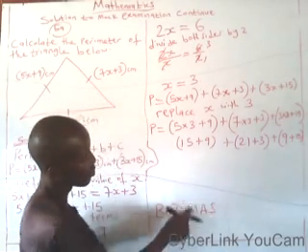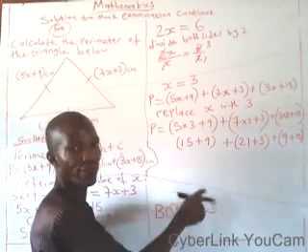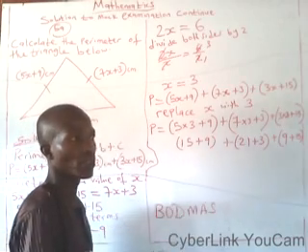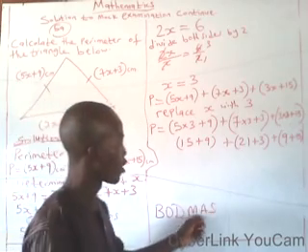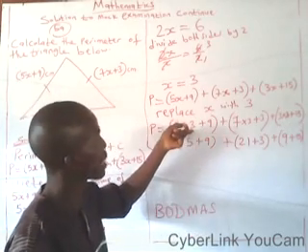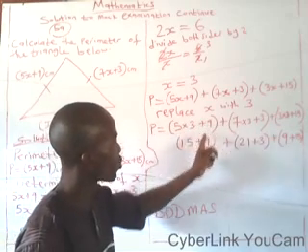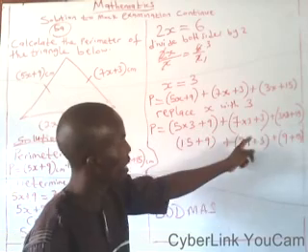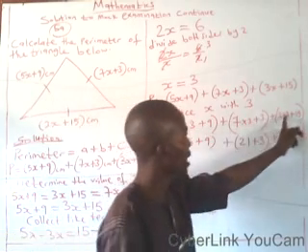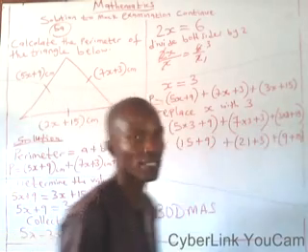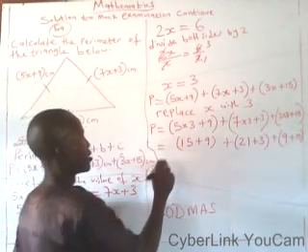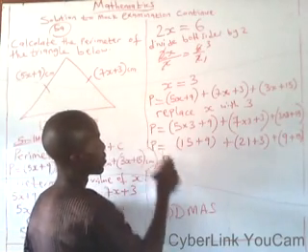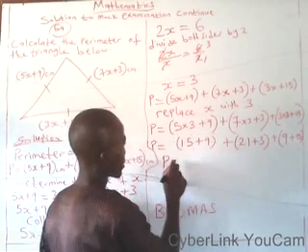In BODMAS, multiplication comes before addition. That is why I multiply first before I add this to the next number. I multiply this one first before I add it to 3. I multiply this one first before I add it to 15.